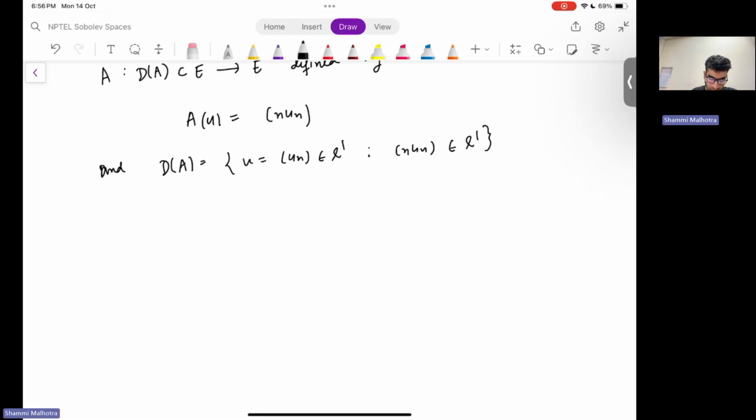The part is to check that A is densely defined and closed.